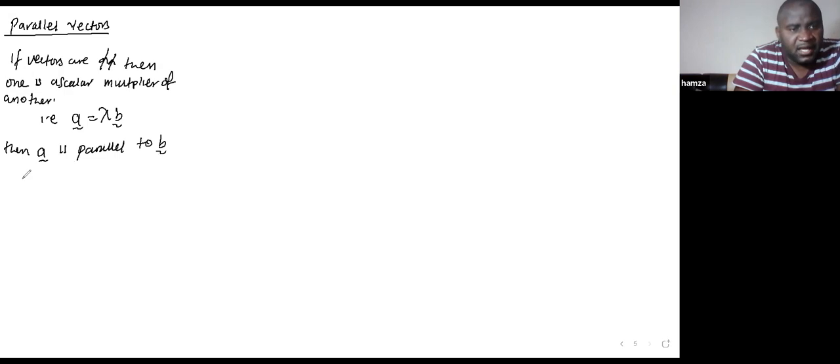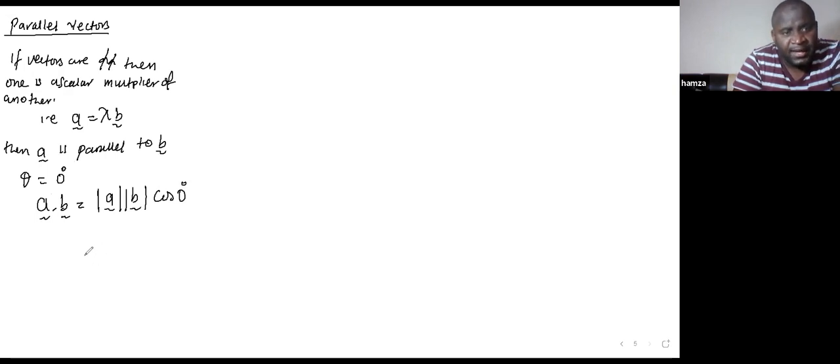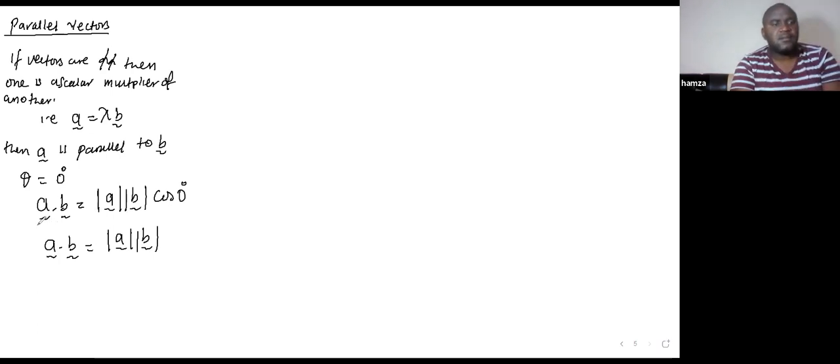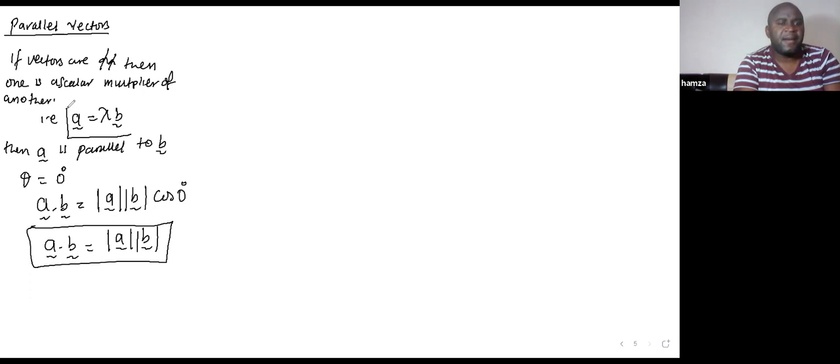Also, I've said the angle between them is 0 degrees. So it implies that the dot of A and B is equal to the magnitude of A times the magnitude of B, cosine of 0. But cos of 0 is 1. So that means A dot B is equal to the magnitude of A times the magnitude of B. If you confirm that, then it means the vectors are parallel to each other.